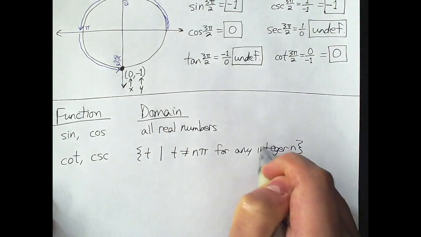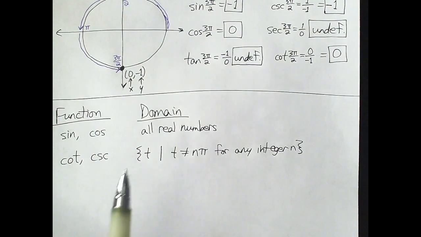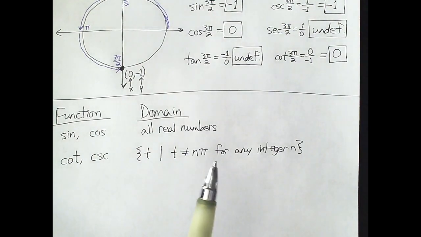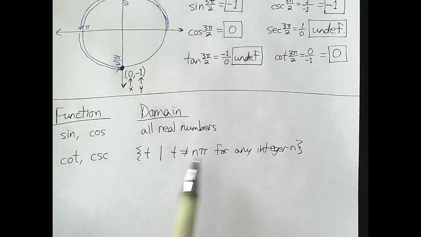What this does is stating the domain in this way says it can be any value of t except for pi, 2 pi, 3 pi, 4 pi, 5 pi, negative pi, negative 2 pi, negative 3 pi. It can't be any multiple of pi because we would be dividing by 0.